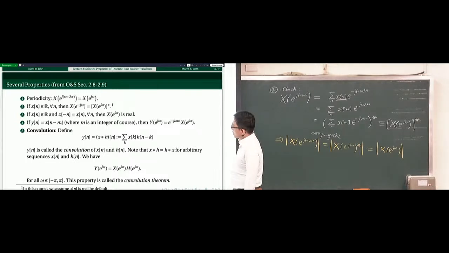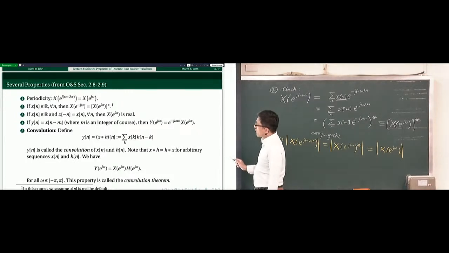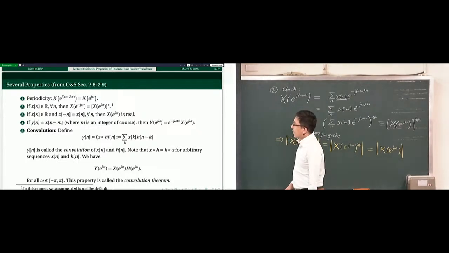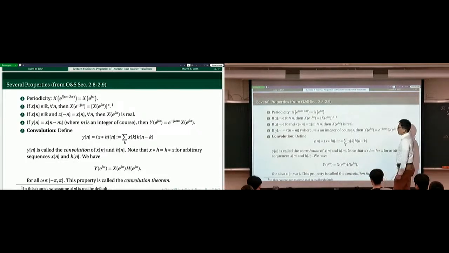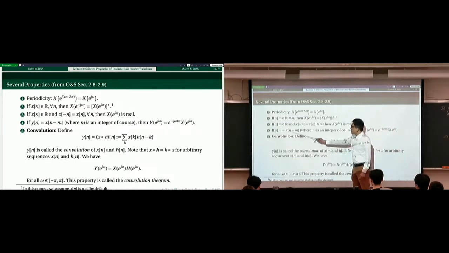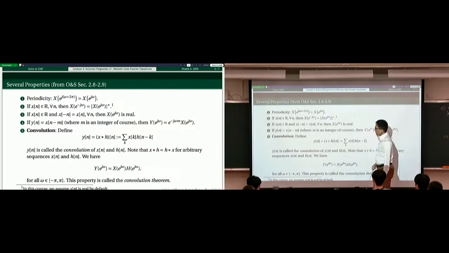And can I move on to the next property? Okay, this is the shift theorem, where we have this notation. Let me introduce this slowly. Here we assume that there's a signal x for sure, but if we define another signal y which equals x evaluated at n minus a fixed number m.